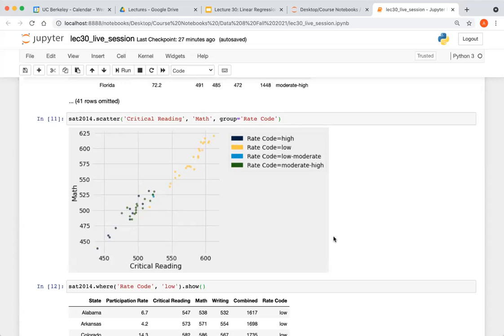Why do people take the SAT? To go to which college? Community college? Four-year college. Four-year college that requires the SAT. All right. Now, which kind of student is going to do that?